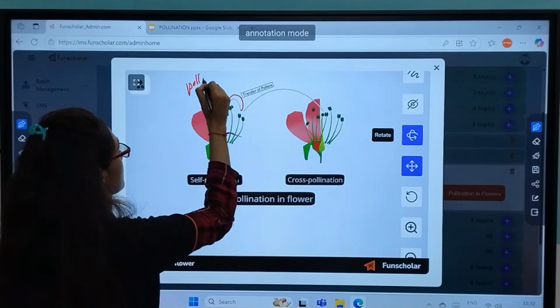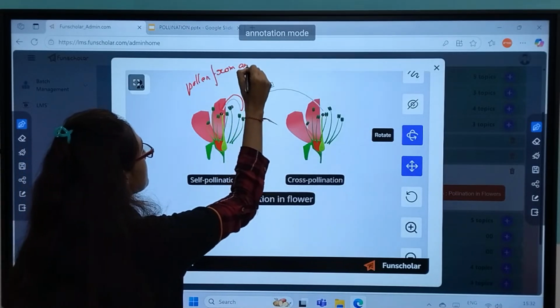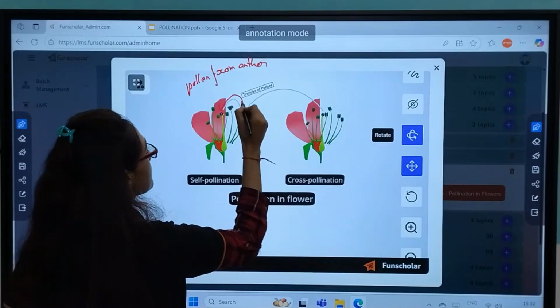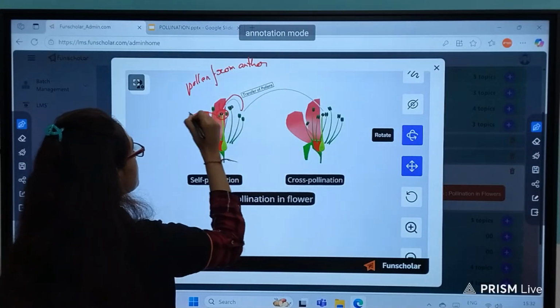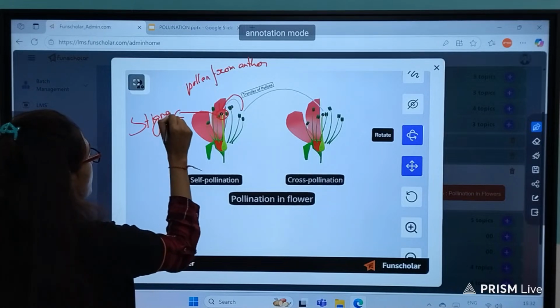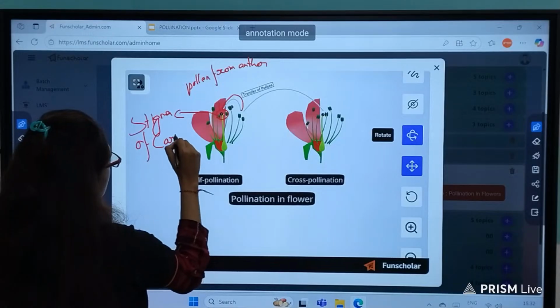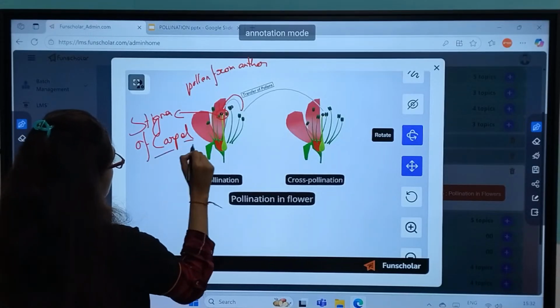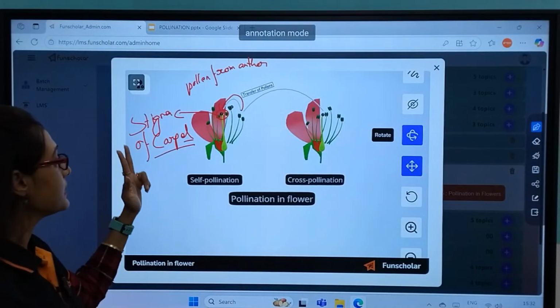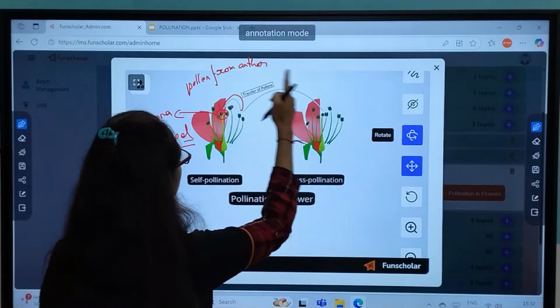Pollen from anther is being deposited where? To the stigma of the same flower, right? And in cross, what is happening? Again, pollen grains are transferred to here.